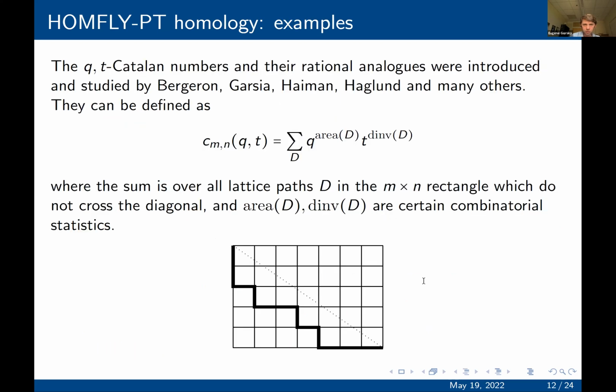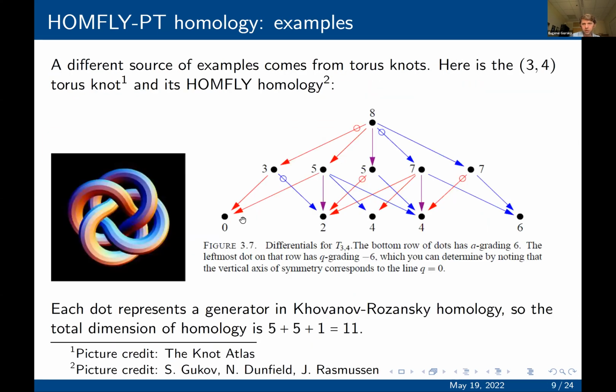Maybe I can go back. In this example, SL2 would go from here, from 0, to here, then to here, and then to there. This would be a separate subrepresentation of SL2. Here it would go from here to here to here, and then to here. So there will be two different representations here, and then this is just a one-dimensional representation of SL2.